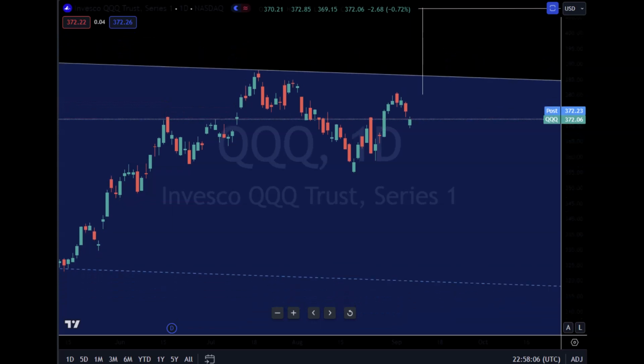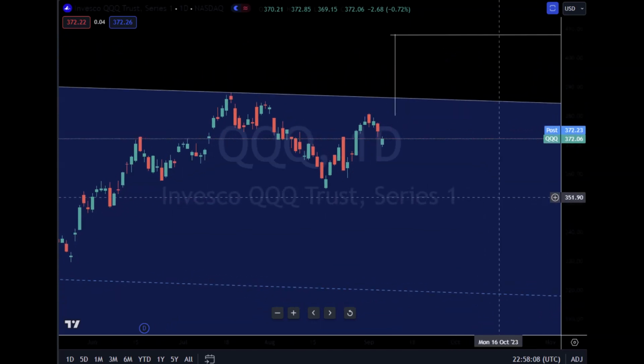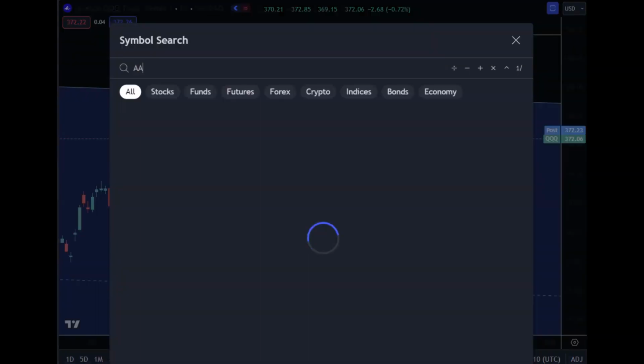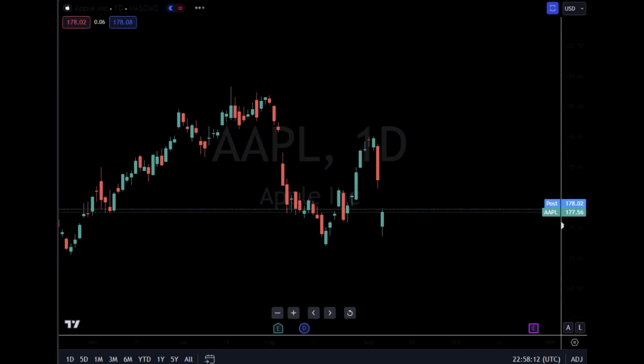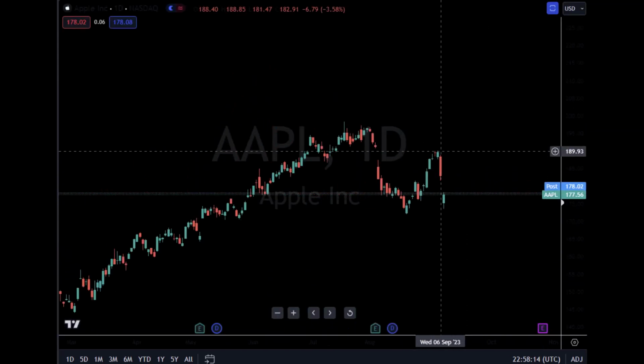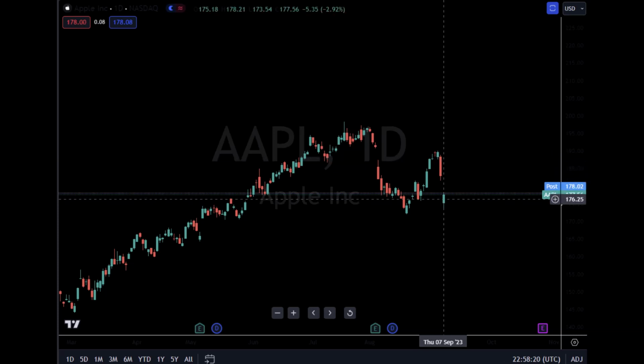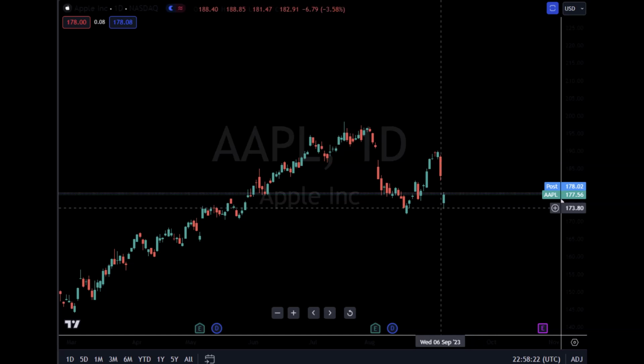But the real index that I'm watching is the QQQ. Why? Because we've had such harsh selling pressure in a couple names, specifically Apple. When you see Apple getting slammed in basically 2 days, down 3.5% yesterday, down another 2.92%, was down about 3.5% at the lows.